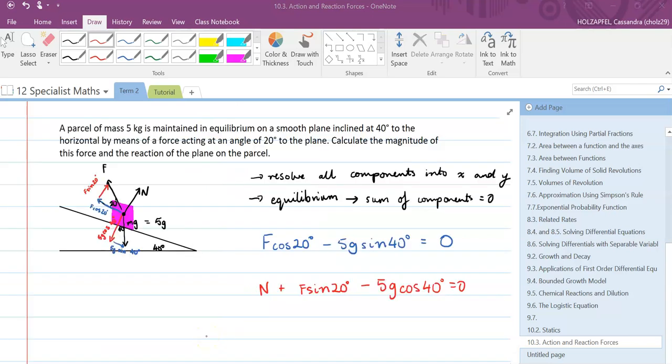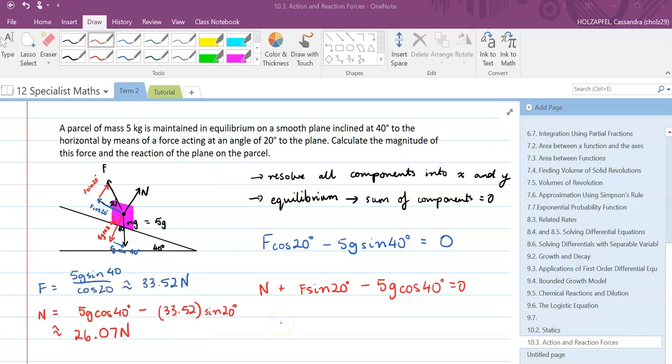These forces are acting in opposite directions, so they are going to be subtracted from one another. These ones are acting in tandem, so we'll add those, and then this is being subtracted because again it's acting in the opposite direction. So now that we have that information, we can go ahead and solve for F. Once we solve for F, we can substitute that into our next equation and use that information to solve for N.